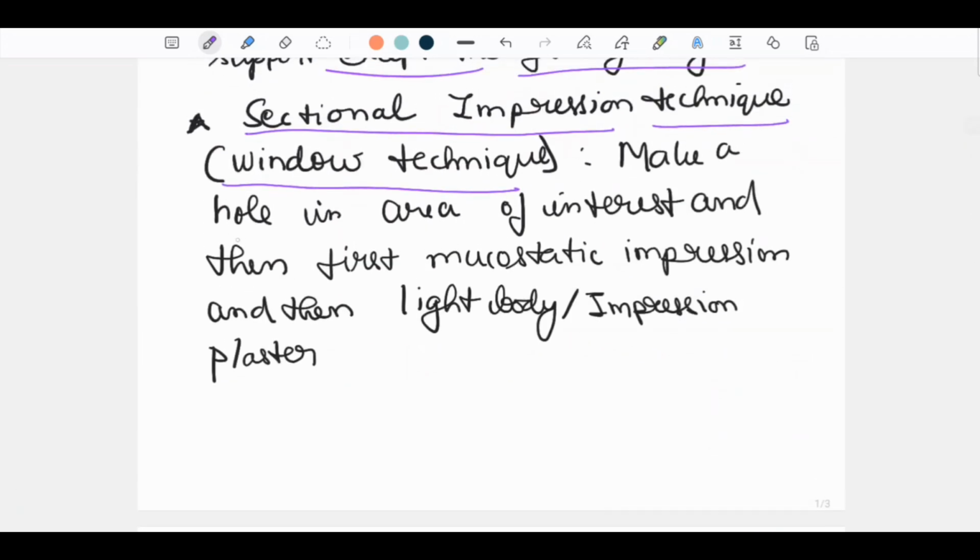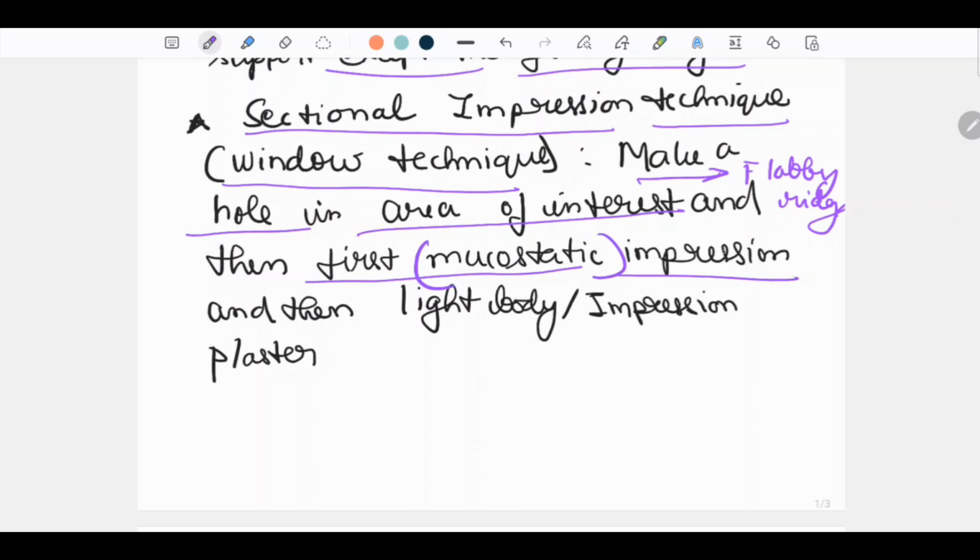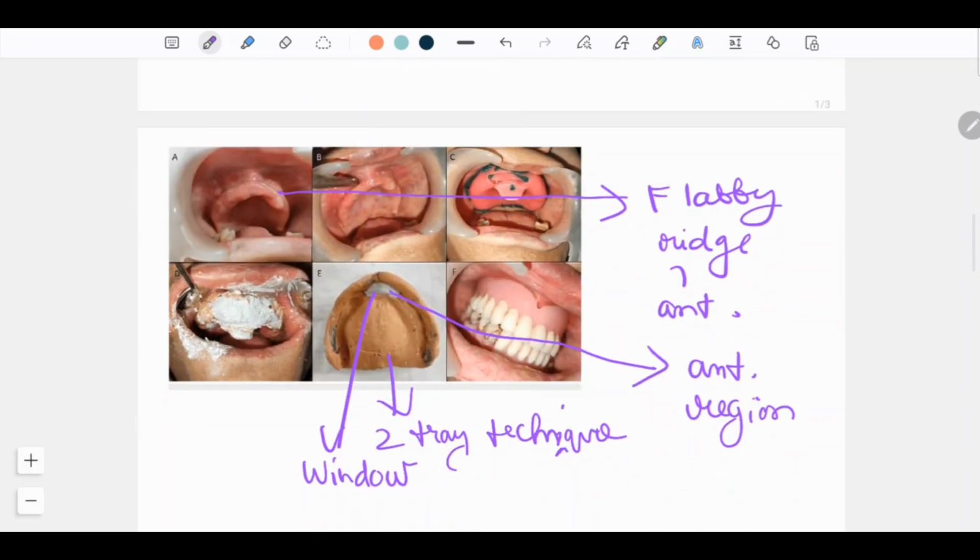So we are going to have a hole in the area of interest, that is the flabby ridge area, and then we are going to make the impression where the first impression is going to be a mucostatic impression, and then we are going to use light body or impression plaster. That is, after you take an alginate primary impression in a stock tray.